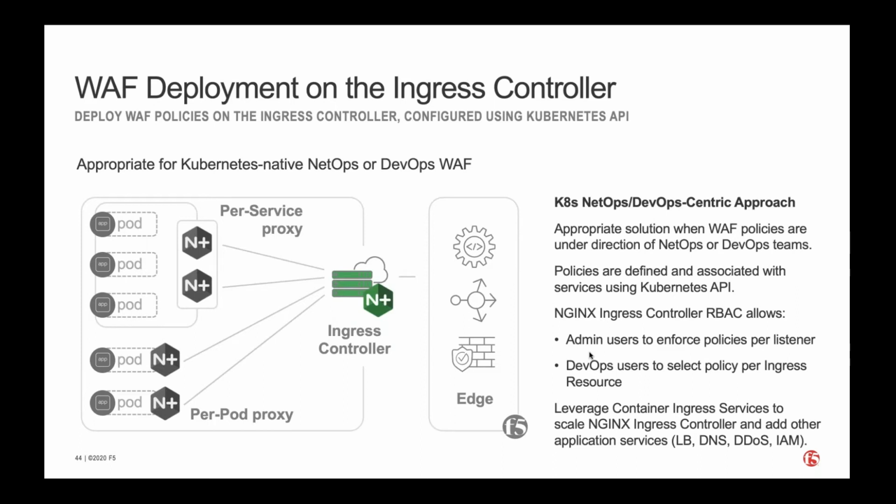We can also include WAF on the Ingress Controller. At that moment, we have one pipeline where we can define what different WAF policies we want to add onto our Ingress controllers. We can enforce policies per listener. So it's our DevOps guy who is going to manage the WAF policies itself.